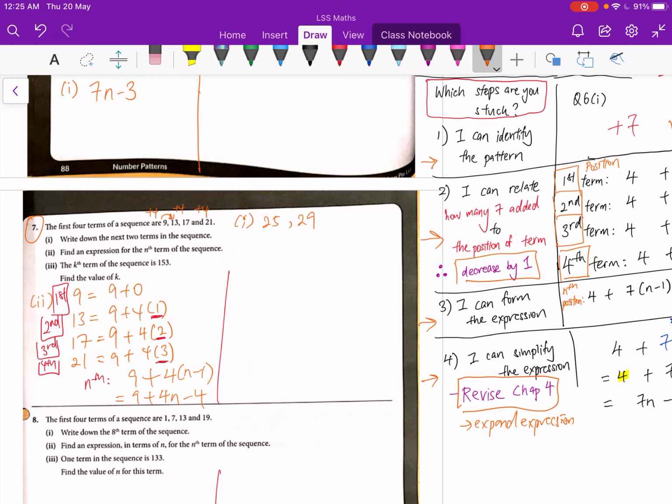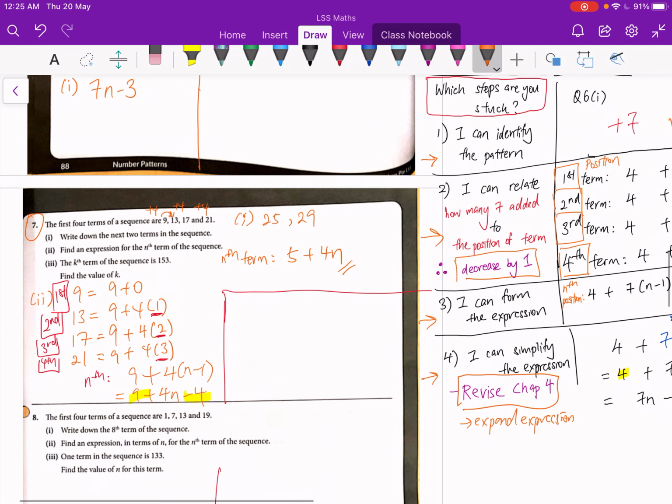After I simplify, I need to find the like terms. So my expression for the n-th term will be 5 plus 4n. So this is my answer.